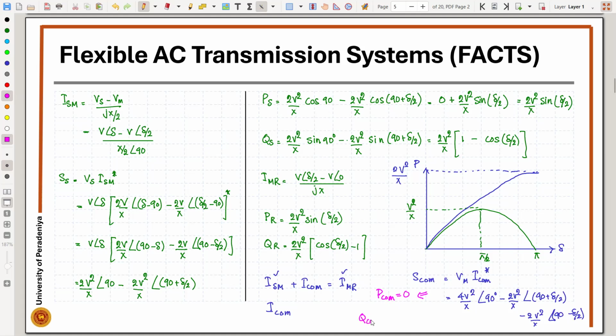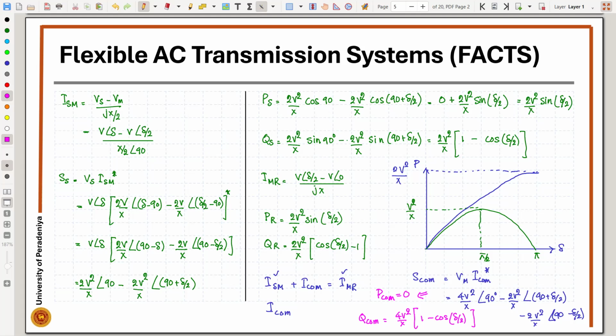The compensator reactive power would be equal to 4V squared over X times (1 minus cos delta by 2). So that would be the reactive power. Which means that even though we can double the power transfer capability in the line, that would come at the expense of a compensator that can provide the reactive power given by this equation, 4V squared over X times (1 minus cos delta by 2).